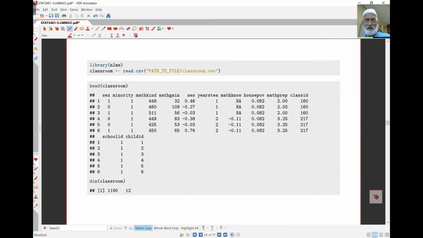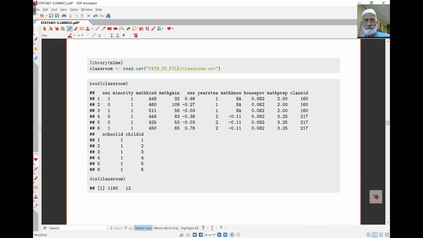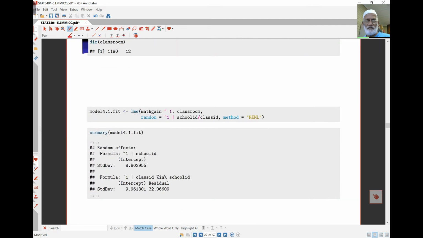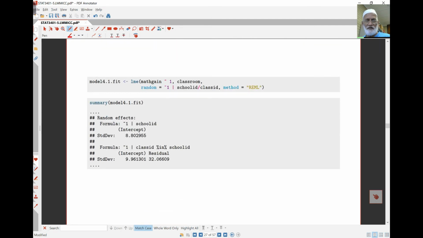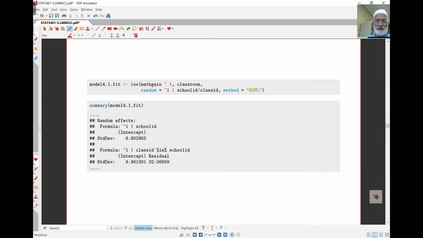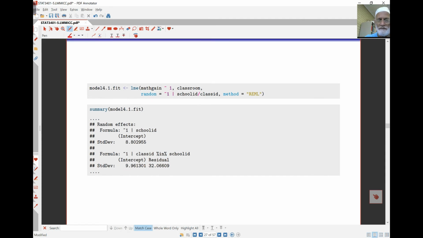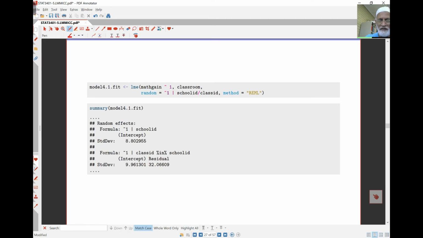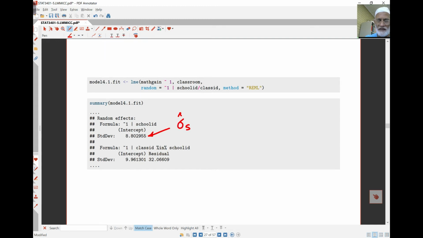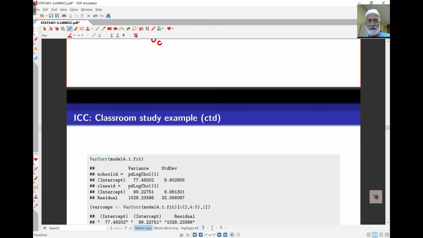So here is the output from the modeling, the data as we had before, the model as we fitted before. Now just be careful here to see what's going on. This is the school ID, the school random effect, so this is going to be sigma school, and this is class within school, so this is going to be sigma classroom, and this is our sigma overall model error, and we've seen this before.